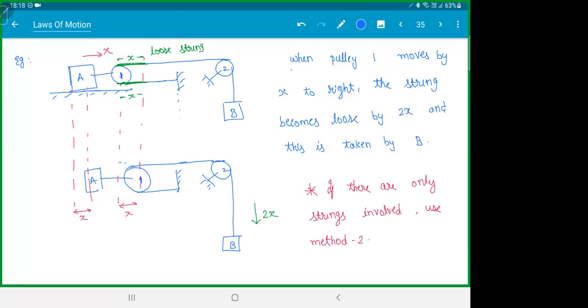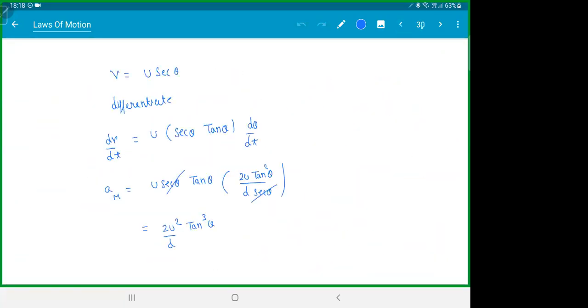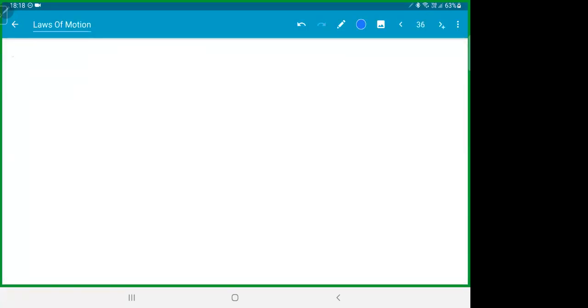Clear? So let's say a question on this. We have a block here.